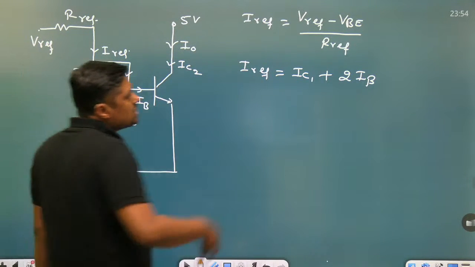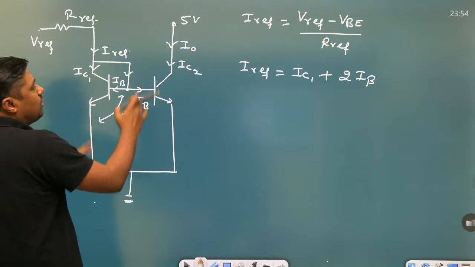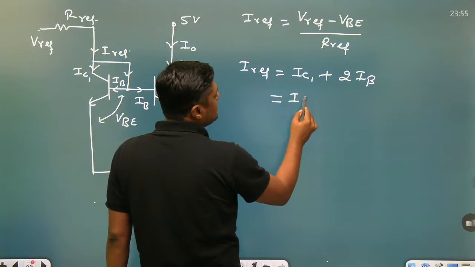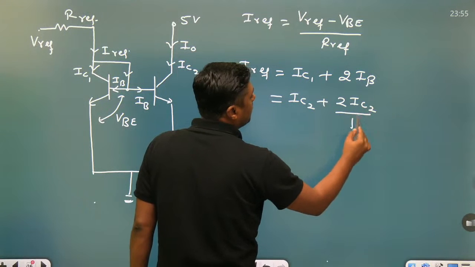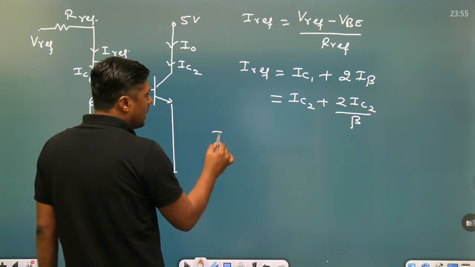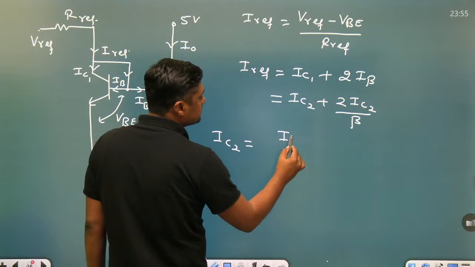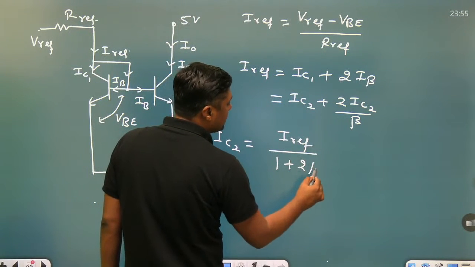Now, what is the IC1? Since both the transistors are equal, beta is equal, base current equal, and that's why the collector currents are also equal. So we can write this is the IC2, and IB is IC2 upon beta. So what is the IC2 from this formula? It will become I reference upon 1 plus 2 by beta.